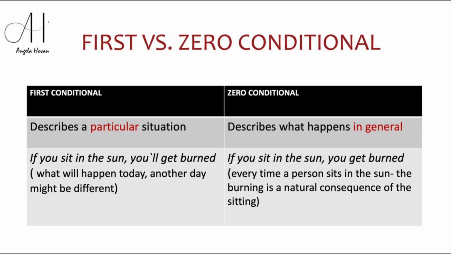Here I'm talking about every time a person sits in the sun, the burning is a natural consequence of the sitting. But if I say, if you sit in the sun, you will get burned, that's the first conditional. Here I'm talking about what will happen today. Another day might be different.